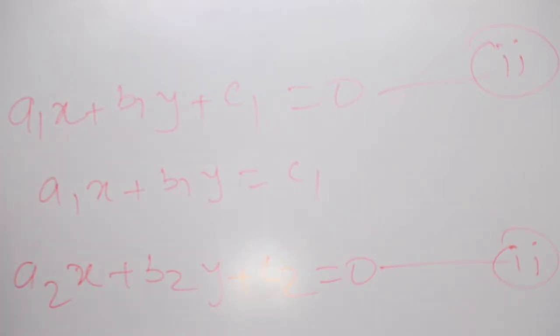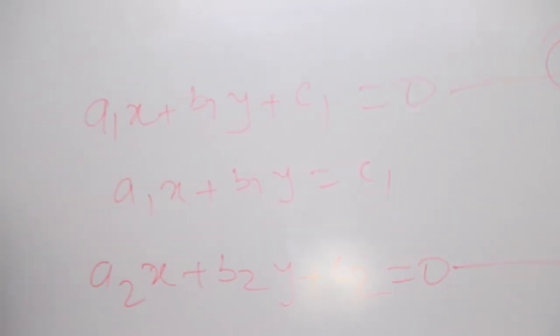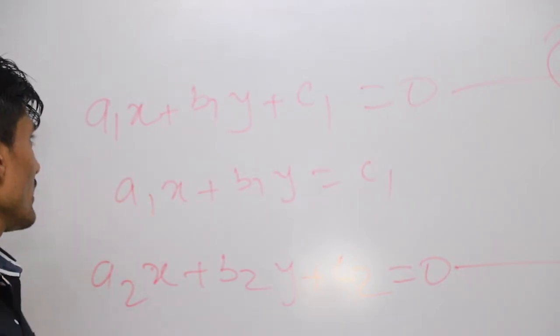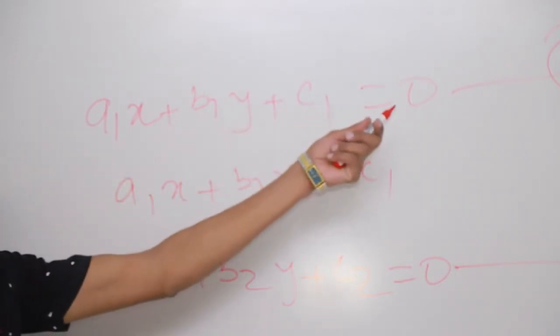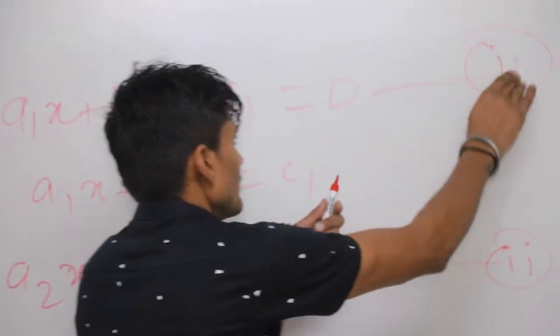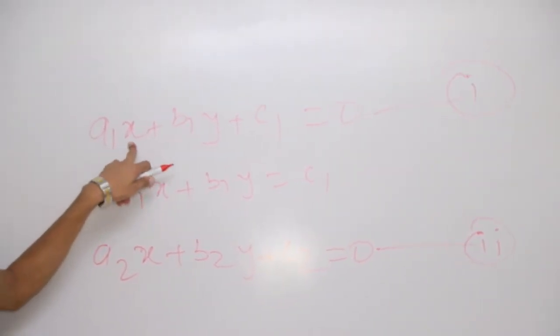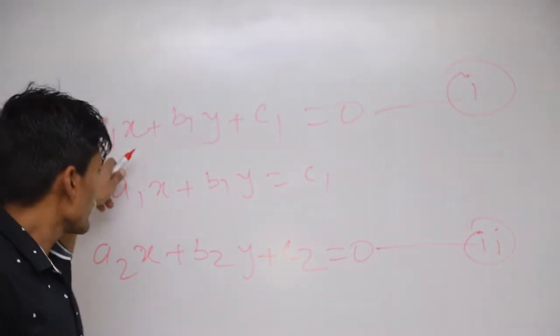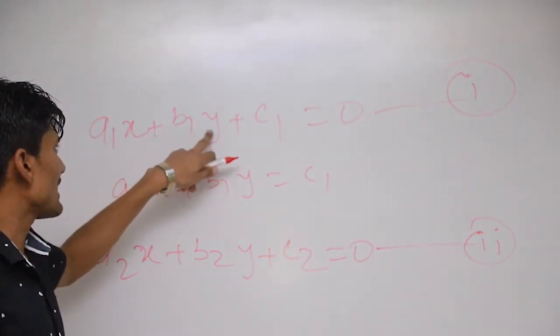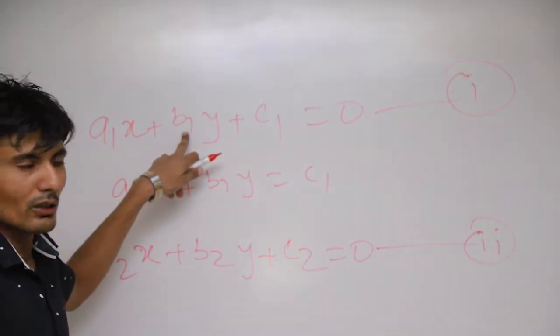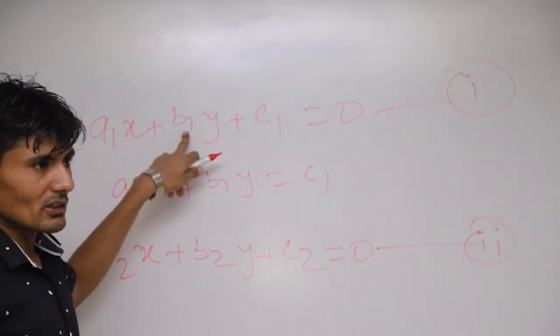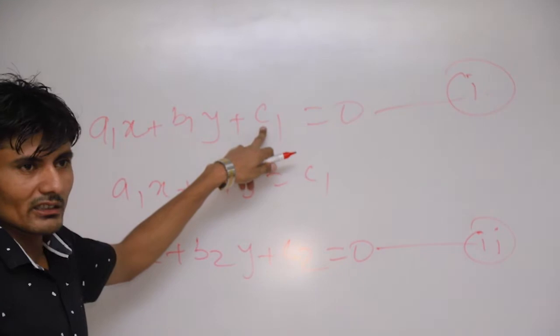As you know, in the previous class you also studied about variables. Here in equation number 1, x is the variable and a1 is the coefficient of x, y is the variable and b1 is the coefficient of y, and c1 is the constant term.